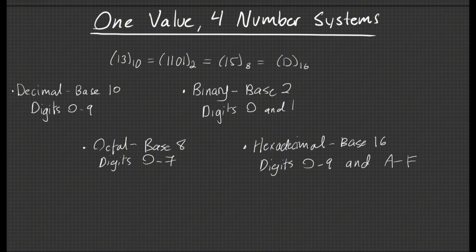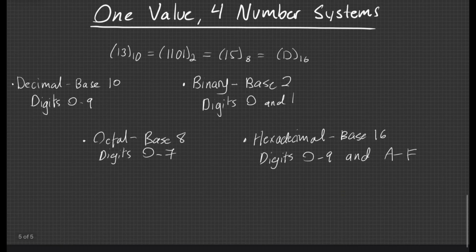So this decimal value 13 can be represented throughout these 4 different numbering systems, and you can convert between all of these different numbering systems by simply using, I believe it's called positional notation or polynomial expansion. Now we'll get into some questions.